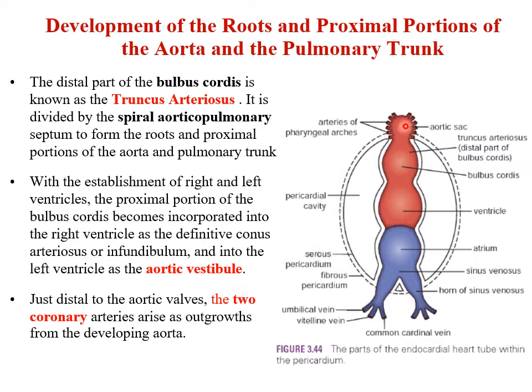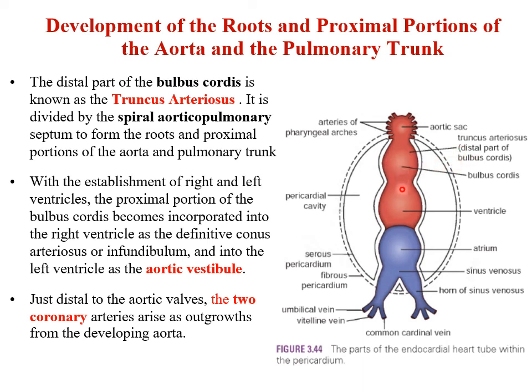Here the distal part of the bulbus cordis has the aortic sac, and the arteries of the pharyngeal arches, which are the aortic arches, will form about six arches at least. Here is the truncus arteriosus, that's to say the distal part of the bulbus cordis.